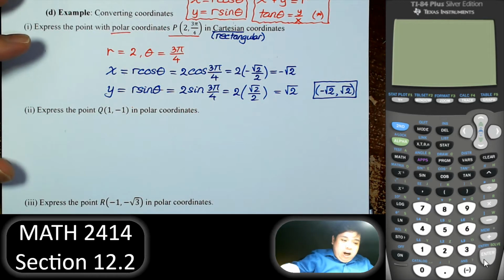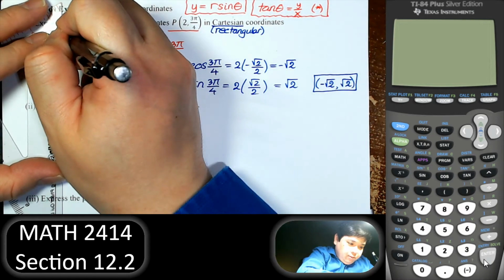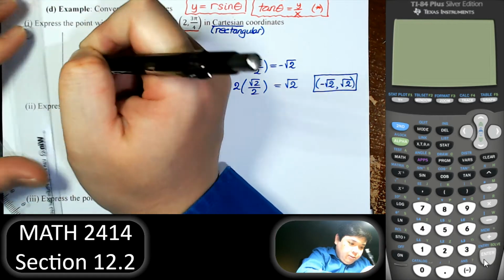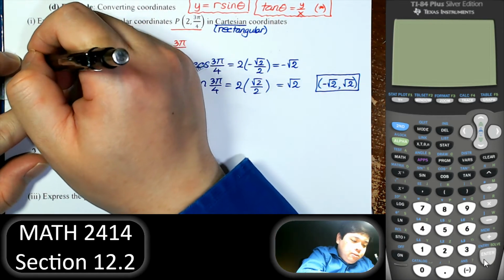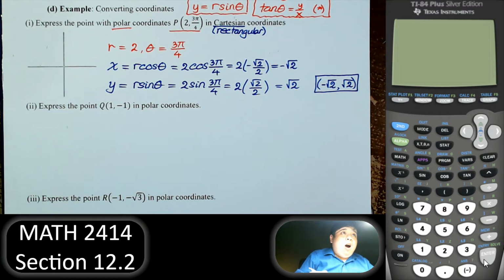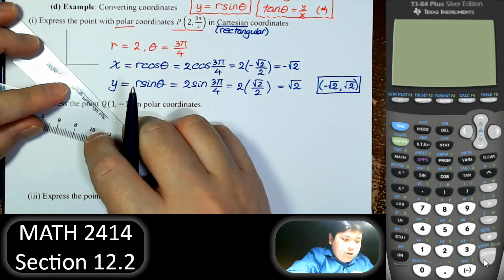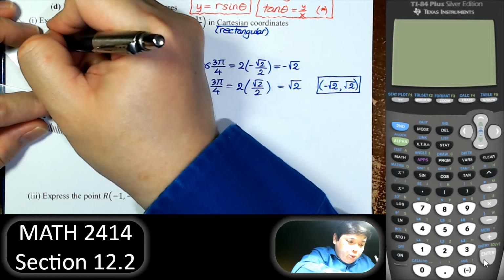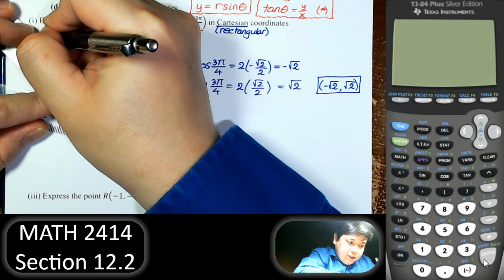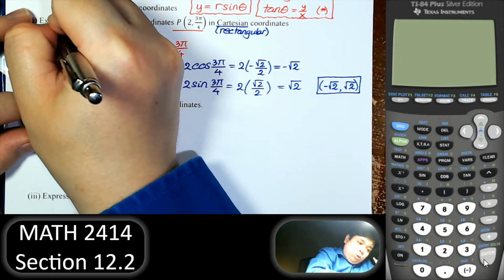Just to make sure, we'll check the point. Right, first, the point 2 and 3 pi over 4. 3 pi over 4 is 135 degrees. So it will be about here. Two and 3 pi over 4.